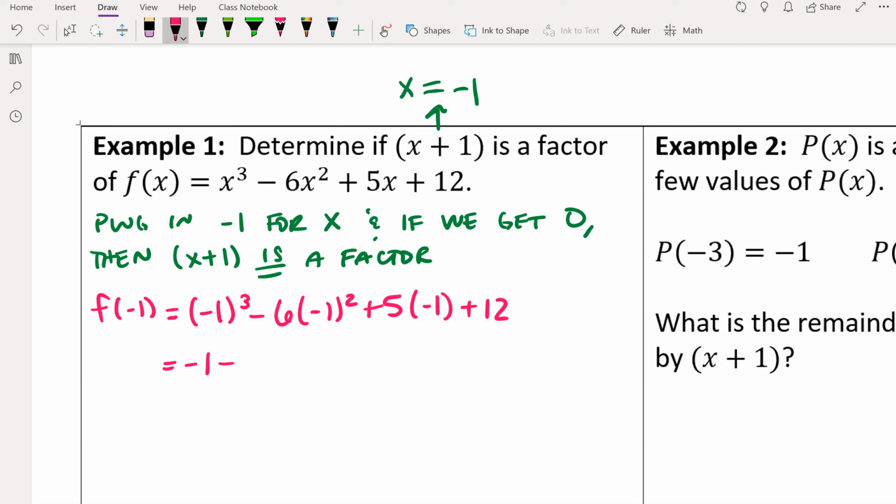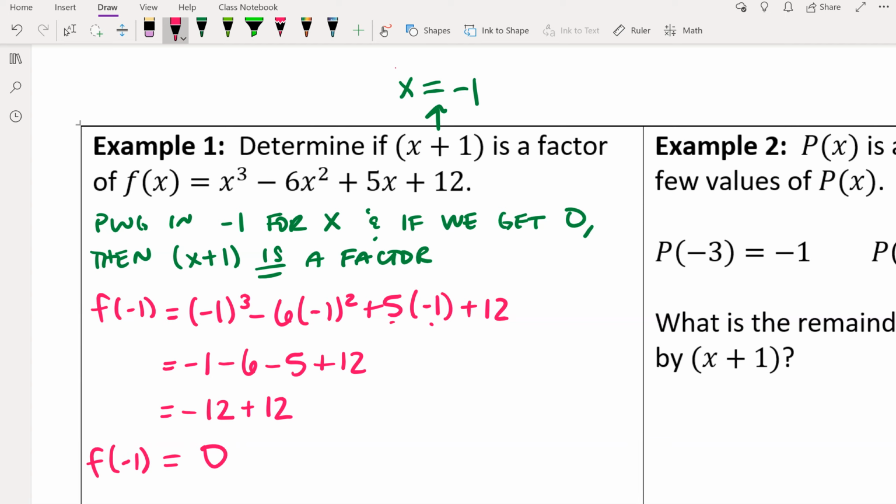Well, that'll turn to +1, so that's just minus 6. And then 5 times -1 is -5, so minus 5 plus 12 equals, all right, -1 minus 6, that's -7, minus 5, that's -12, plus 12 equals 0. f of -1 equals 0.